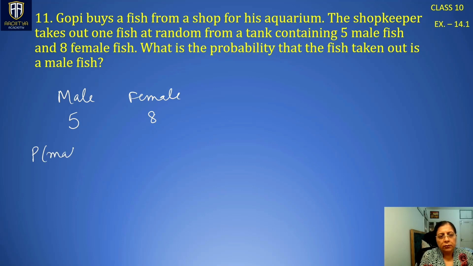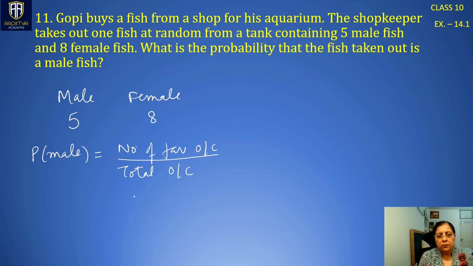Probability of that fish being a male is number of favorable outcomes upon total number of outcomes. Favorable here are total number of male fish is 5 and total outcomes are, total you can write here first, 8 plus 5 is 13. So we have 5 by 13, the probability of getting a male fish.